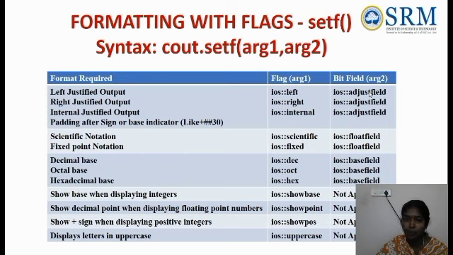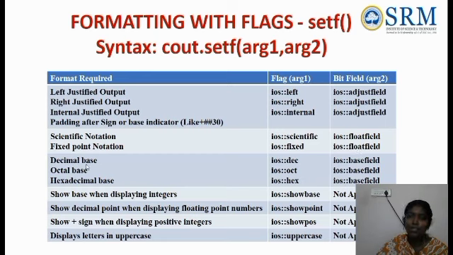To represent floating point numbers, we have two notations, namely scientific and fixed point notation. To specify scientific notation, the flag field is ios::scientific and the bit field is ios::floatfield. Similarly, for fixed notation, the flag field is ios::fixed and the bit field is ios::floatfield.